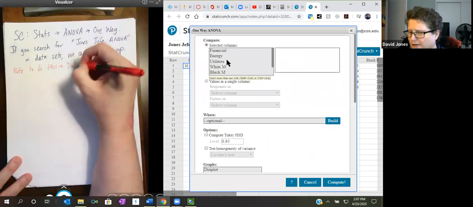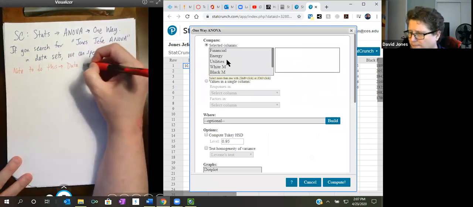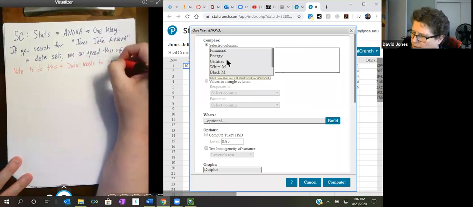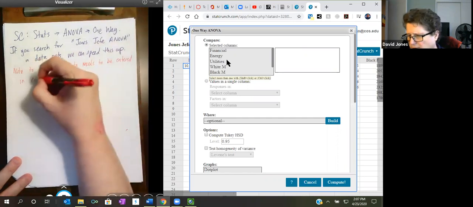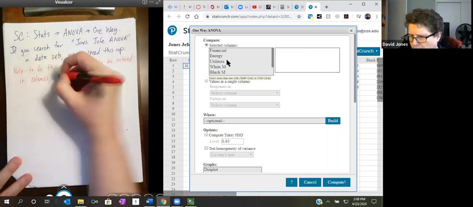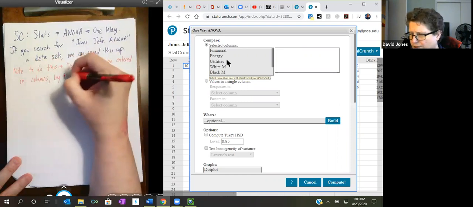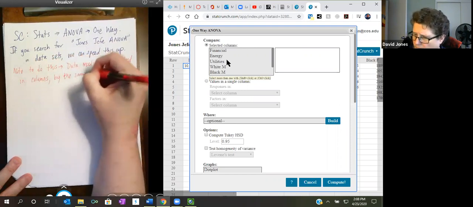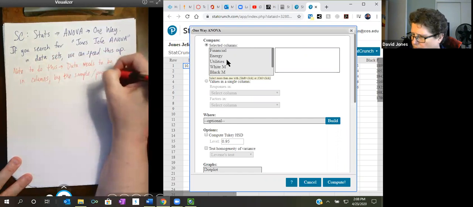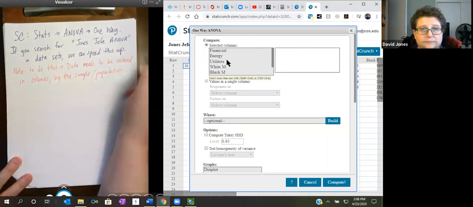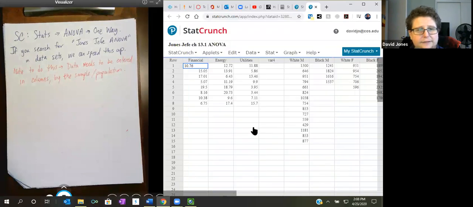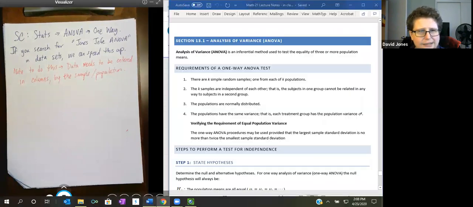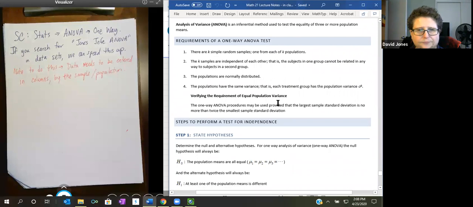Data needs to be entered in columns by group, by the sample or population. We don't have any other option. Okay, so let's go back here and let's look at the problems we're going to work on.